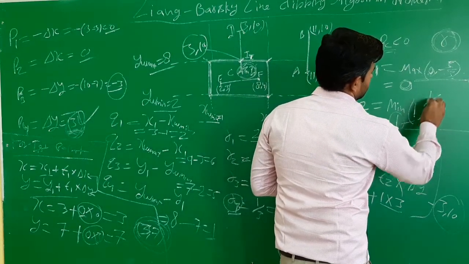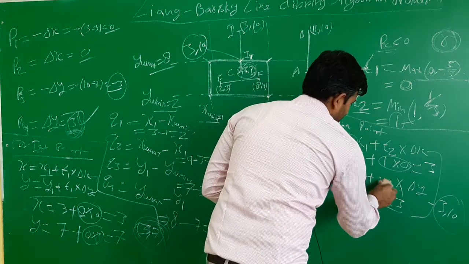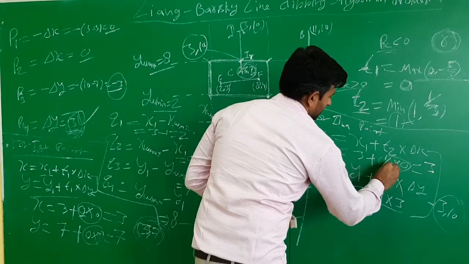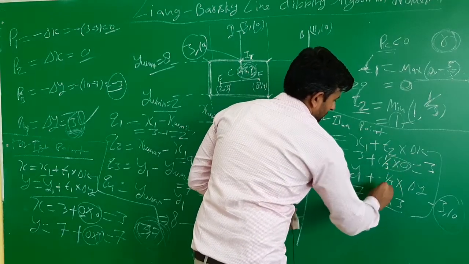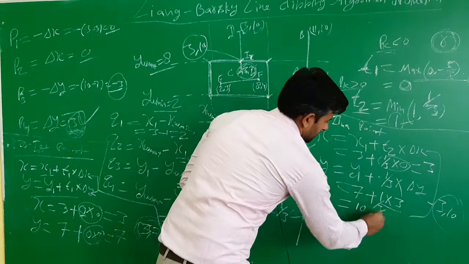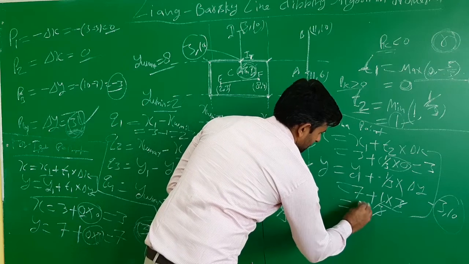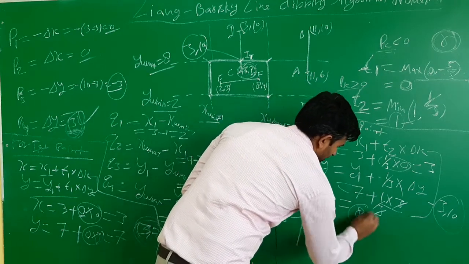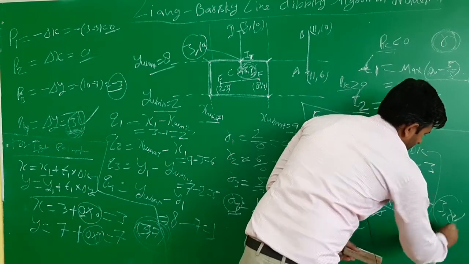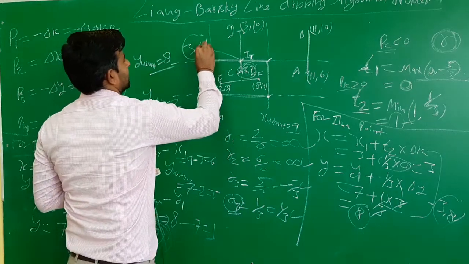Here the value of T2 is 1 by 3, and the y value is 7 plus 1 equals 8. The second point will be 3 and 8, not 3 and 10, 3 and 8.